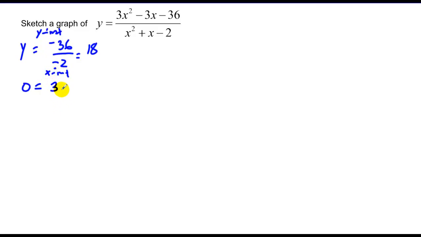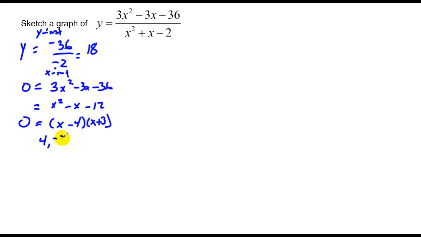Therefore we have 3x squared minus 3x minus 36 equal to 0, because when I multiply the x squared plus 2x minus 2 to both sides, it goes away. I divide everything by 3, get x squared minus x minus 12, therefore x minus 4, x plus 3 equals 0. So 4 and negative 3 are my x-intercepts.